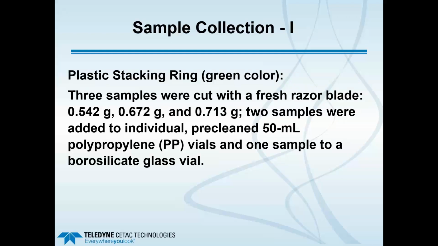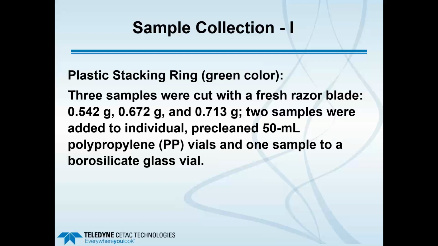So the first sample, a plastic stacking ring, we actually picked a green one. The other colors were shown in the previous slide, but 3 samples were cut with a fresh razor blade, and the masses are given there. 2 samples were added to individual pre-cleaned 50 milliliter polypropylene vials, and 1 sample to a borosilicate glass vial.